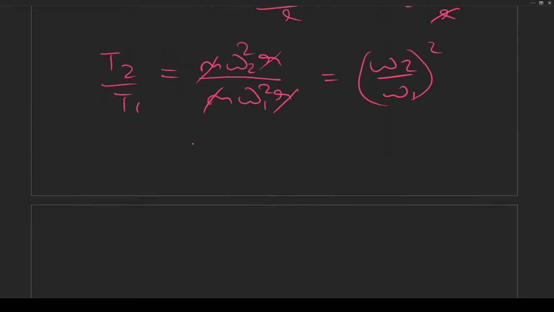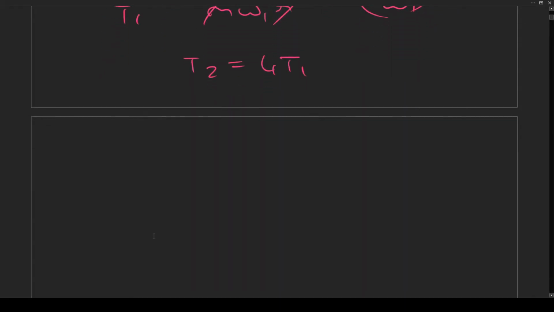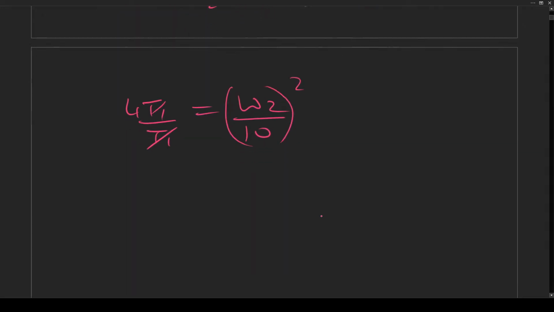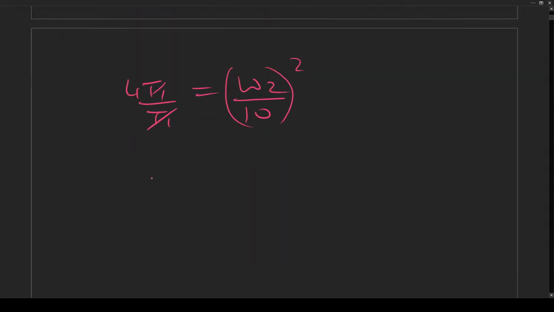Now we know that they said tension 2 equals 4 times tension 1. So 4 T1 equals T1 times omega 2 by omega 1 whole square. T1, T1 cancel. Omega 2 is not given, omega 1 was given to be 10 rpm. So 4 equals omega 2 by 10 whole square, so omega 2 equals 20 rpm.